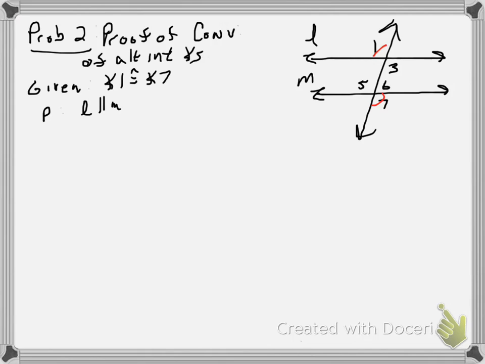Now, again, what we're doing is proving that lines are parallel here. So what we want to do is state that angle 1 is congruent to angle 7, and the reason given.